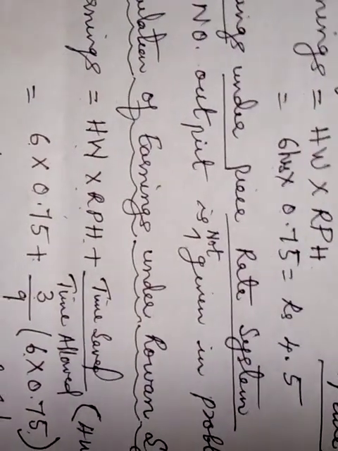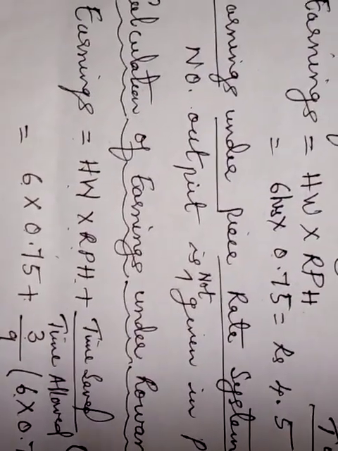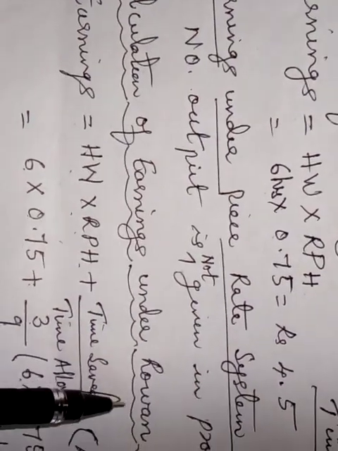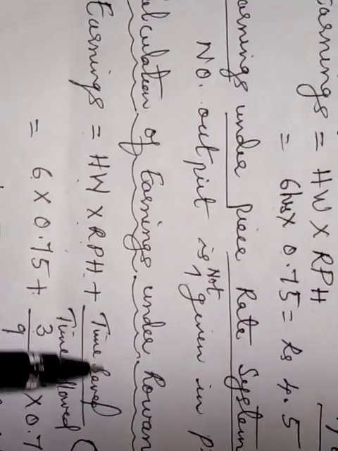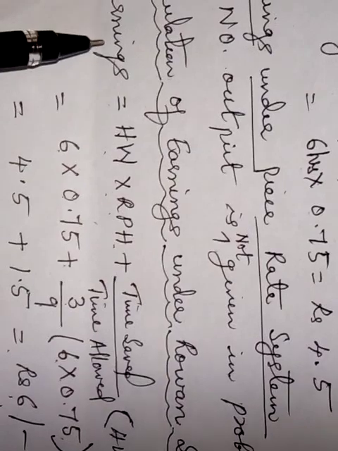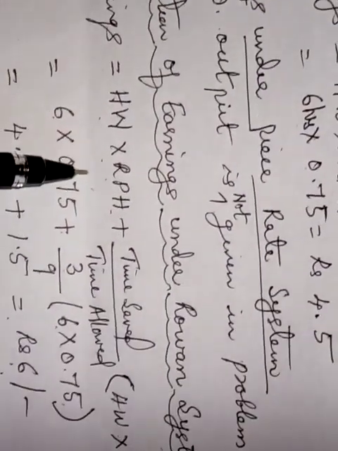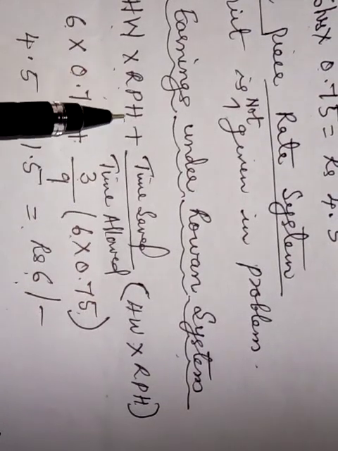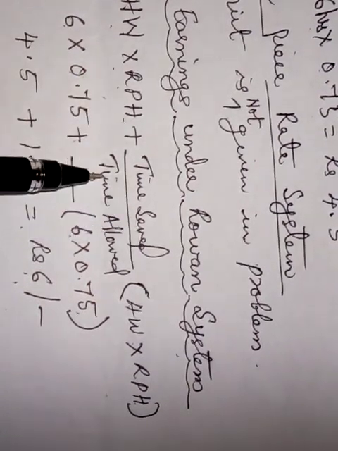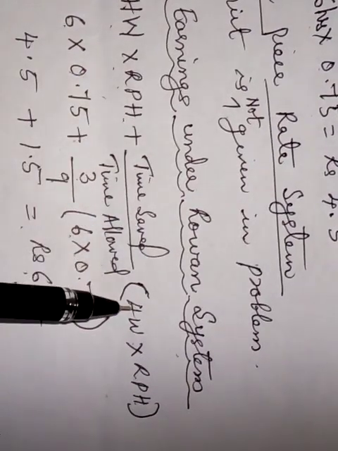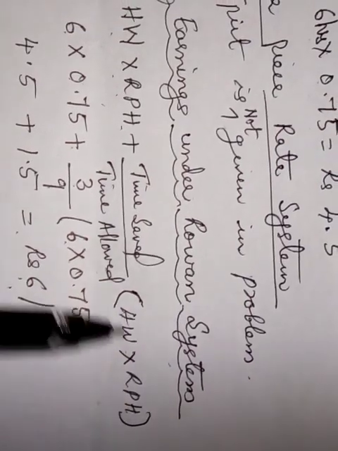The next method is calculation of earnings under Rowan's premium plan. The formula under Rowan's plan is earnings equals hours worked into rate per hour plus time saved by time allowed into hours worked into rate per hour.